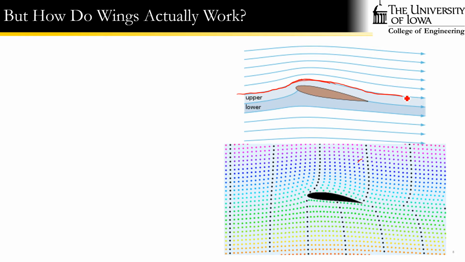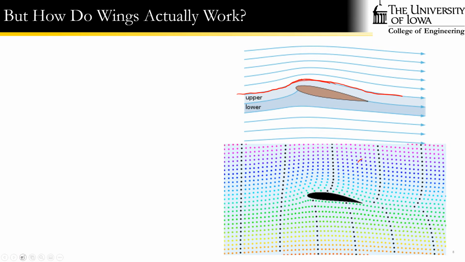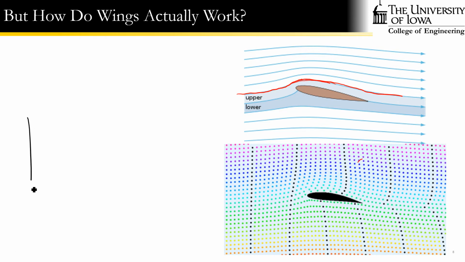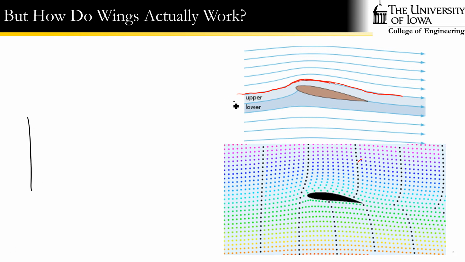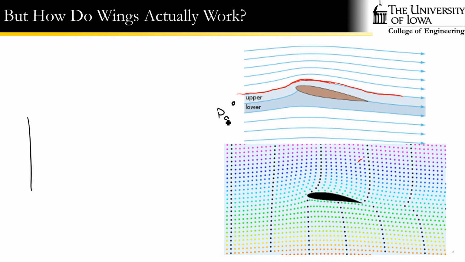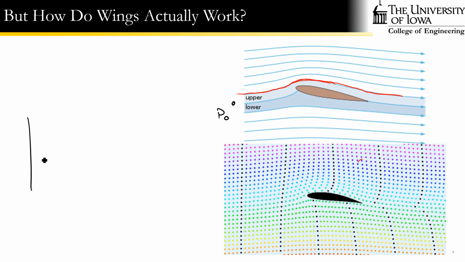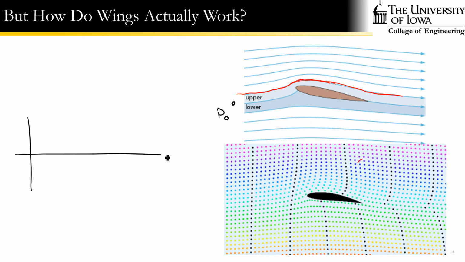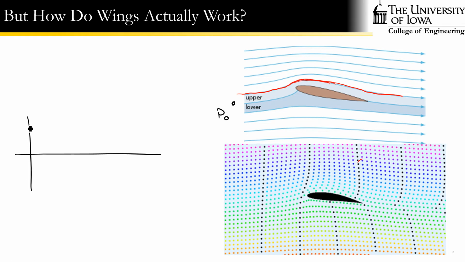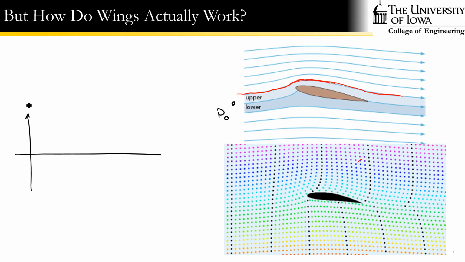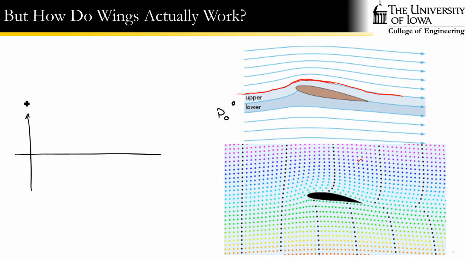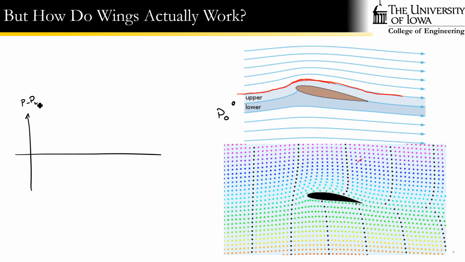But what happens is that the flow over the top speeds up. Let's assume that out here, the pressure is something we call P naught. That's the ambient pressure. And this y-axis we're going to call P minus P naught.